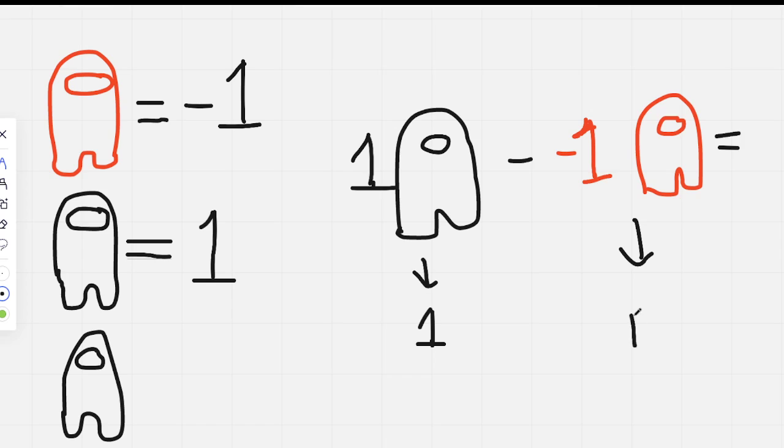So we can bring down a 1 here, because he still stays alive. So we are left with 1 plus 1, which gives us 2 Among Us characters. I don't know what lingo you guys use nowadays. You catch my drift? But you get 2 Among Us characters left alive. So that's a simple way to do it.